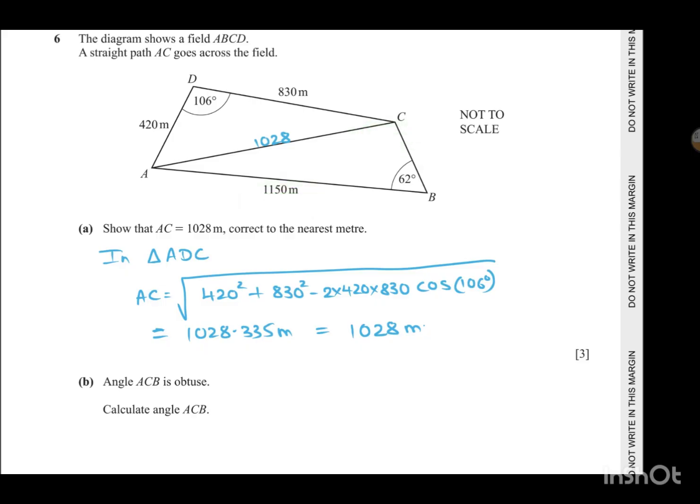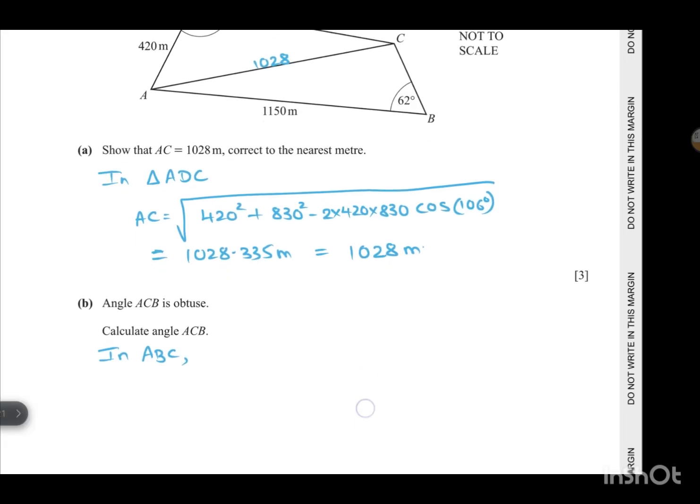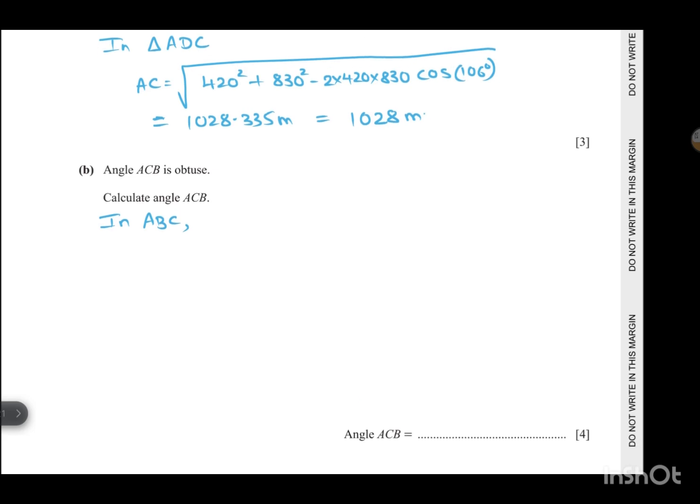So in triangle ABC, using the sine rule, sine 62 by 1028 is equal to sine angle ACB by 1150.